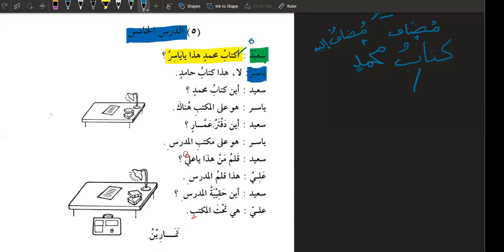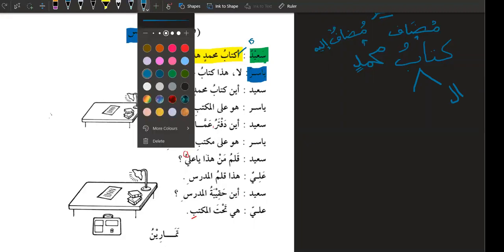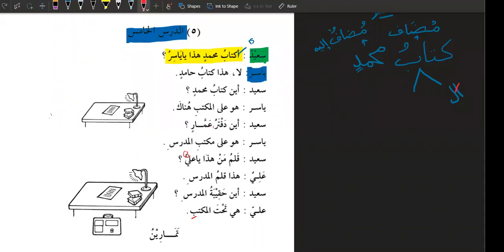Mudaf has two rules. The first rule is that Mudaf will never take alif and lam. It will never have alif and lam before it.